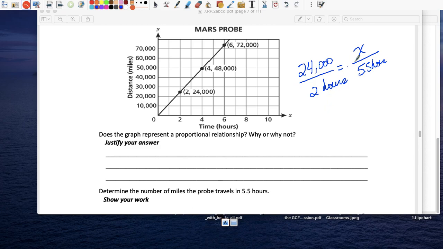Again, you can cross multiply. You get 2x. And if you multiply 24,000 times 5.5, it gives you 132,000. If you divide by 2, x equals 66.